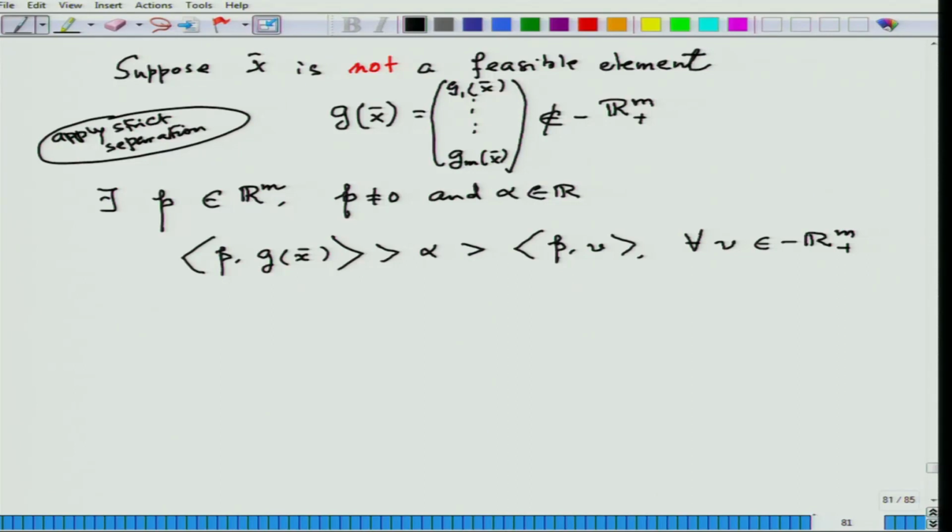So, if this is my strict inequality, then basically P x equal to alpha is the hyperplane which is strictly separating this point g(x bar) from v. What I claim is that, put v equal to 0 because minus R^m_+ has 0.